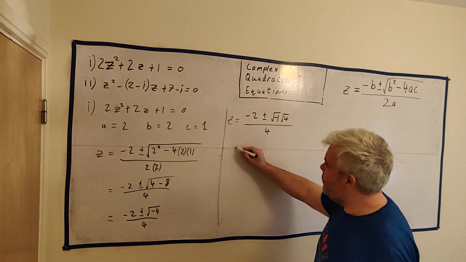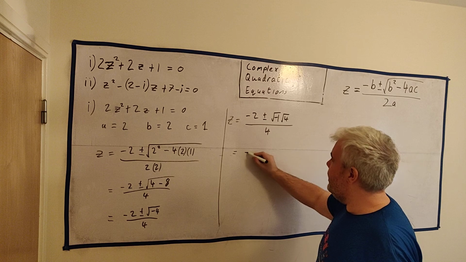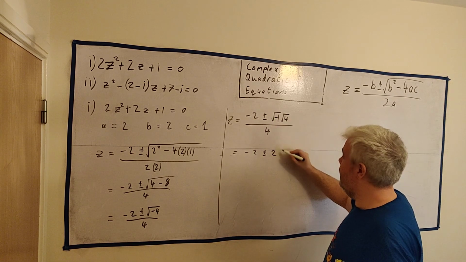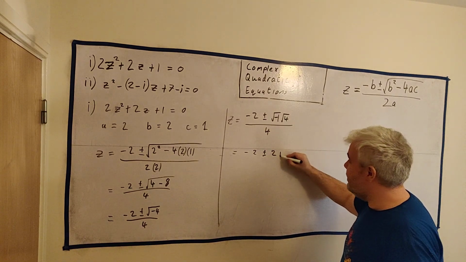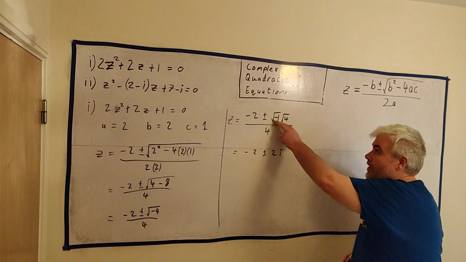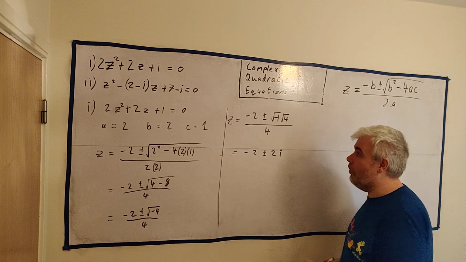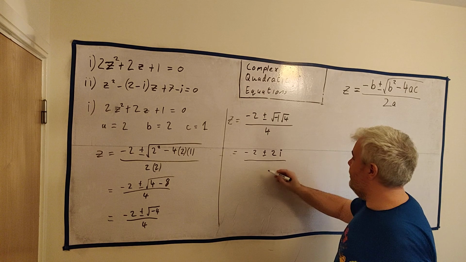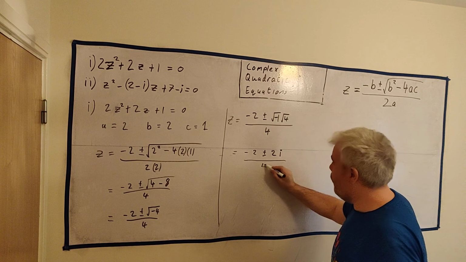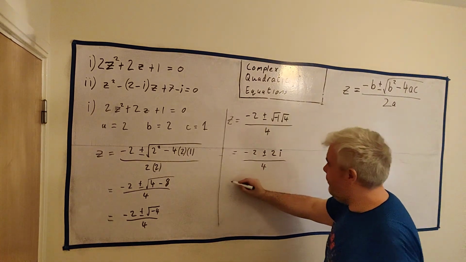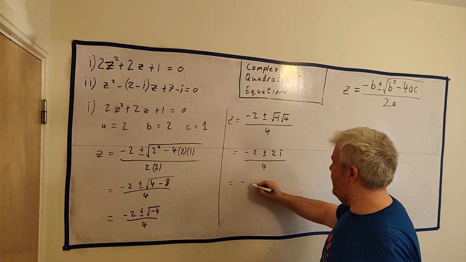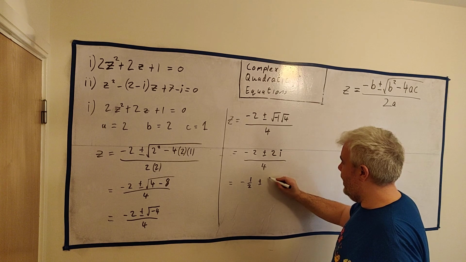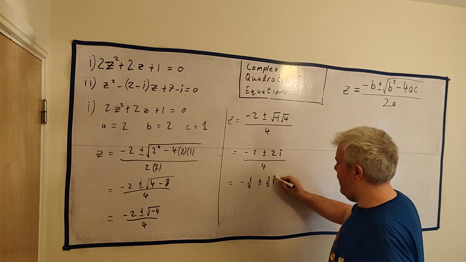But no more, because we've defined that to equal minus 2 plus or minus the square root of 4 is 2, and the square root of minus 1 is i. That's just what we call it. Whenever we get the square root of a minus, we'll call the square root of minus 1 i. All of this is divided by 4, and therefore our answer is minus a half plus or minus a half i.